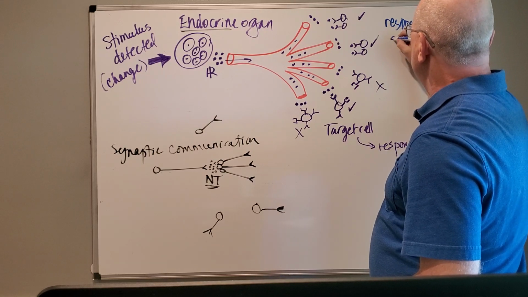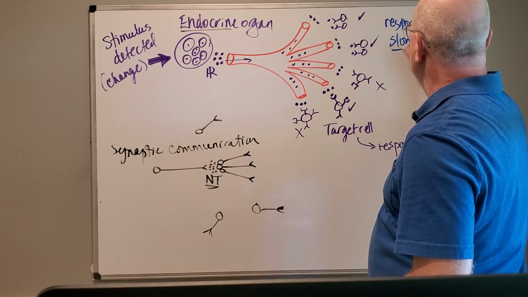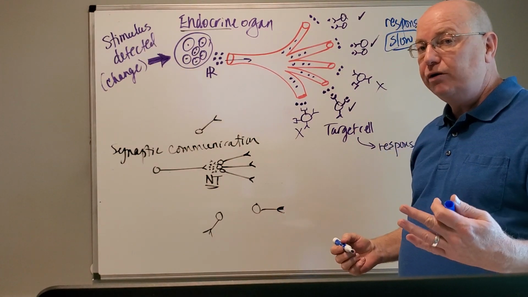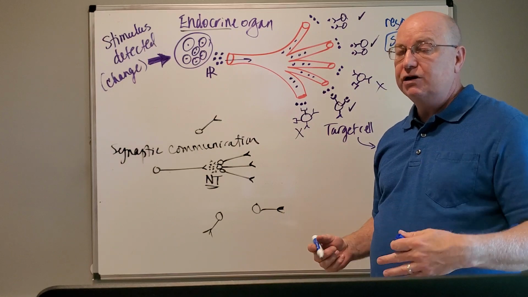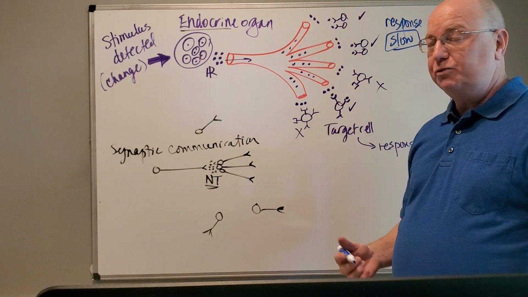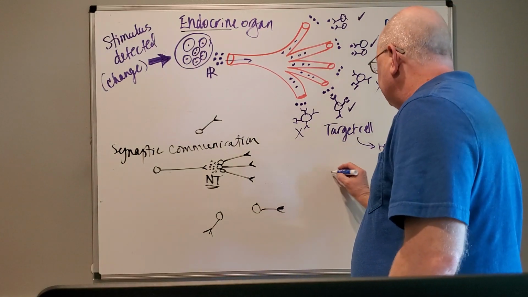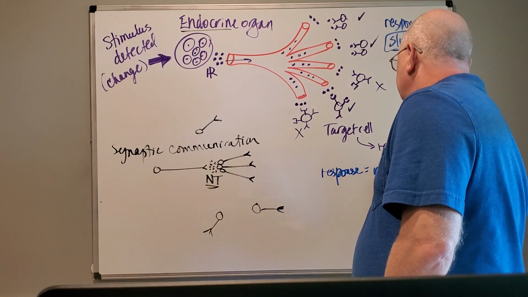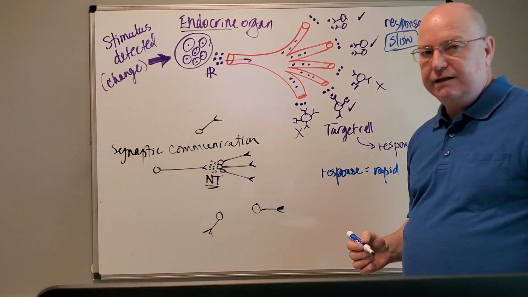is slow. It could take minutes, it could take hours, it could sometimes take days. So we have a very slow response, where in synaptic communication, the response is rapid. It's instantaneous.